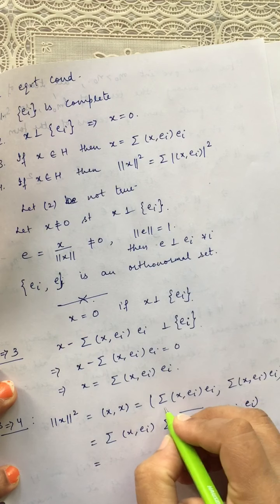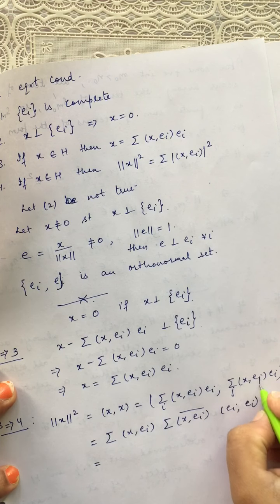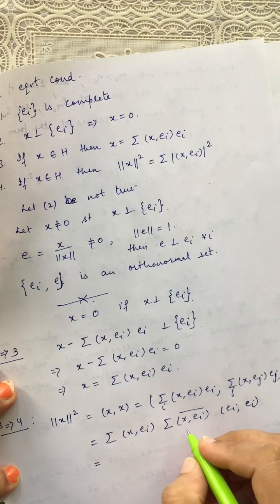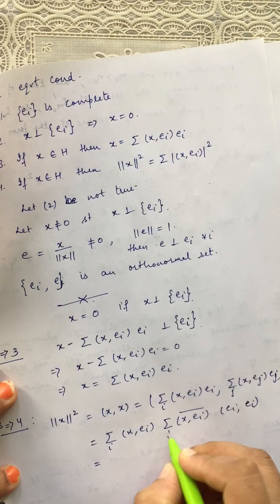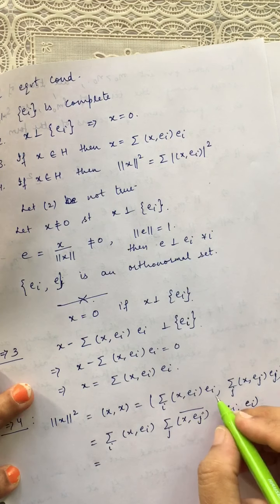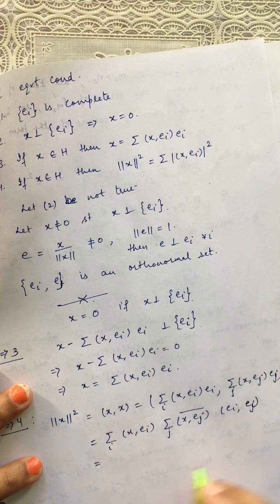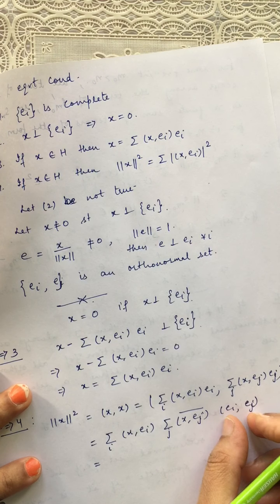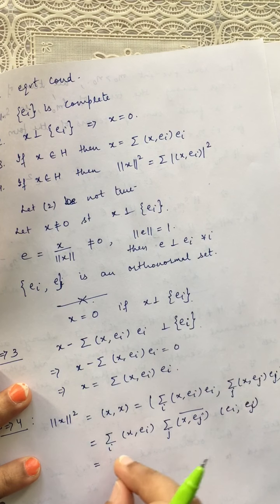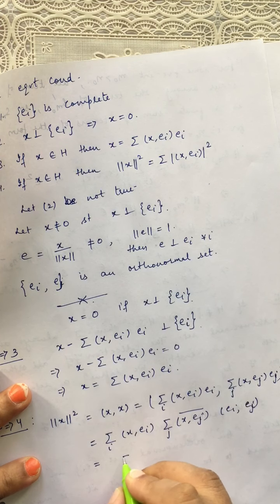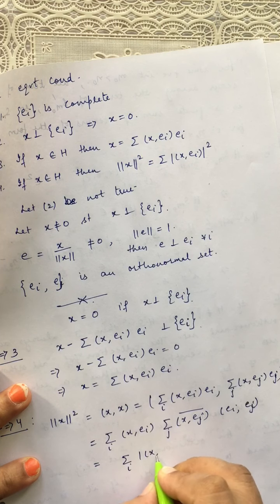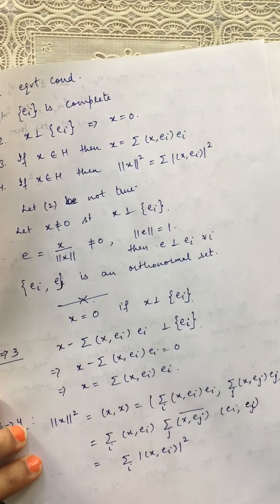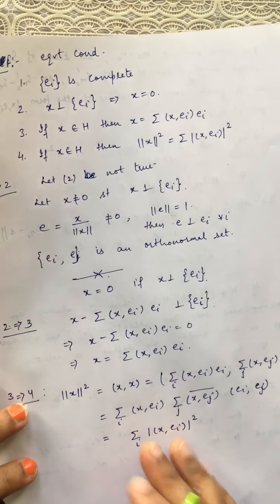Actually we can write here this summation is over I, this summation is over j, to avoid the confusion. So this summation can be taken as such outside, this summation can be taken as conjugate of this, then we have EI EJ. Now we know EI is an orthonormal set, so inner product EI EJ is 0 except for I equal to j, and when I is equal to j, this is just summation over I of X EI into X EI bar, so it is mod X EI whole square. So this we want to prove in the fourth part.